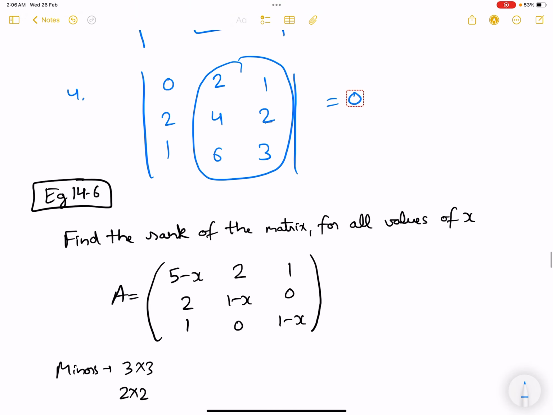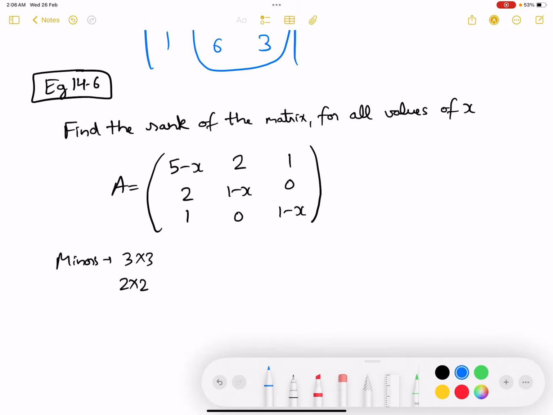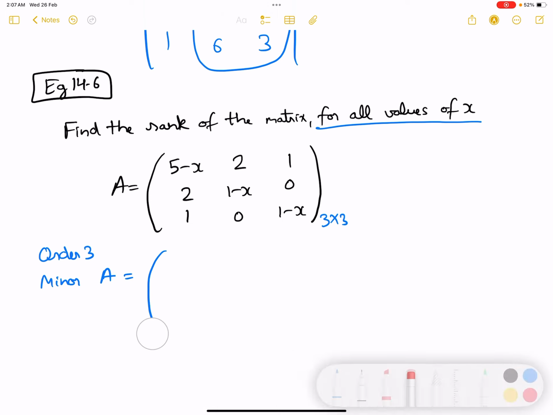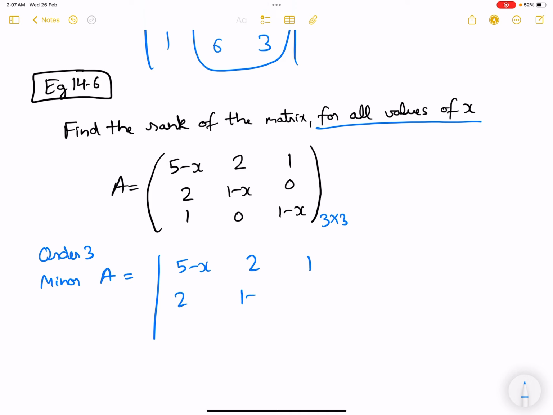Moving forward, now you are supposed to find the rank of the matrix for all values of x. Now it is 3 cross 3. The first minor is the matrix itself. So if you are talking about order 3, the minor is the matrix itself, A, which is the determinant of 5 minus x, 2, 1, 2, 1 minus x, 0, 1, 0, 1 minus x.